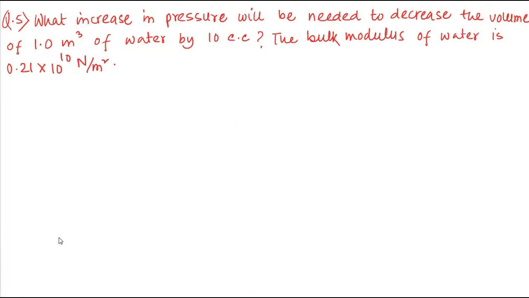Question number 5. What increase in pressure will be needed to decrease the volume of 1 meter cube of water by 10 cc? The bulk modulus of water is 0.21 into 10 to the power 10 Newton per meter square. Okay.